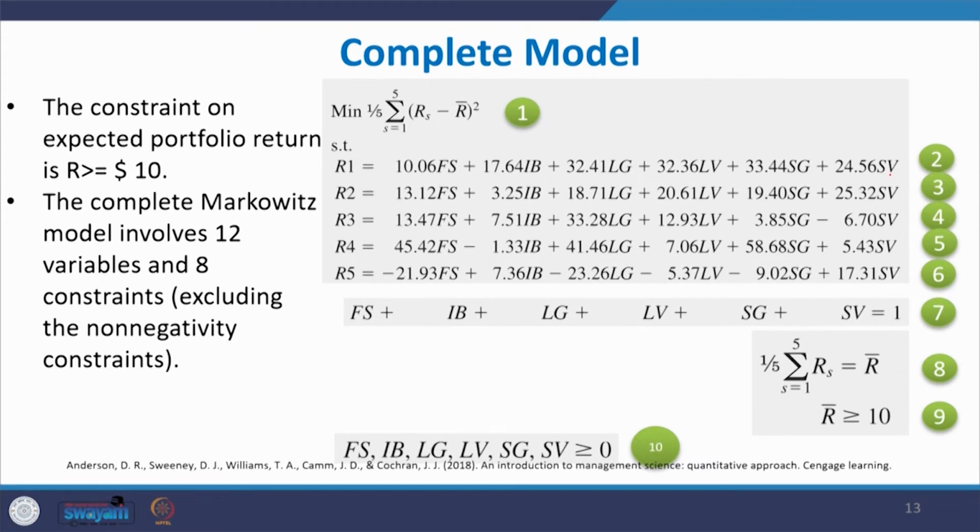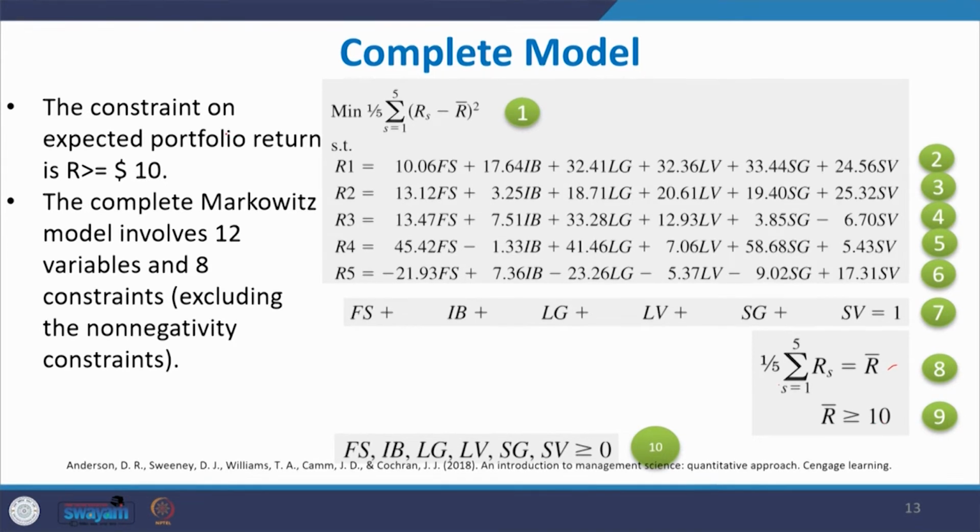And the sum of proportions Fs, IB, LG, LV, SG, SV should be equal to 1, and you see that we are finding the mean of the return, sigma of P s R s, and the mean should be greater than or equal to 10 percent.